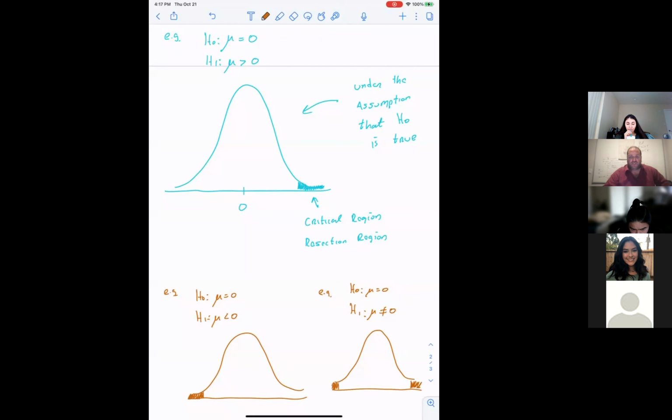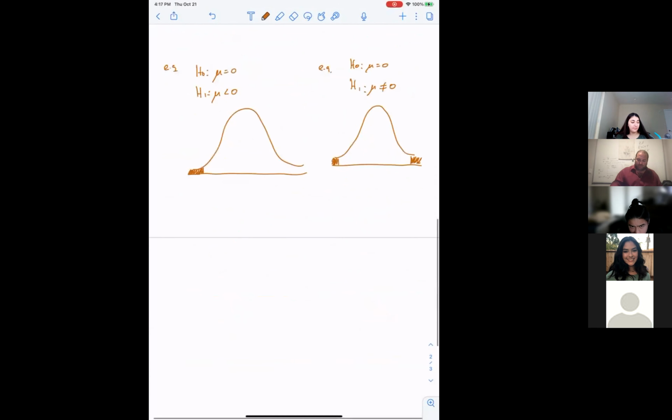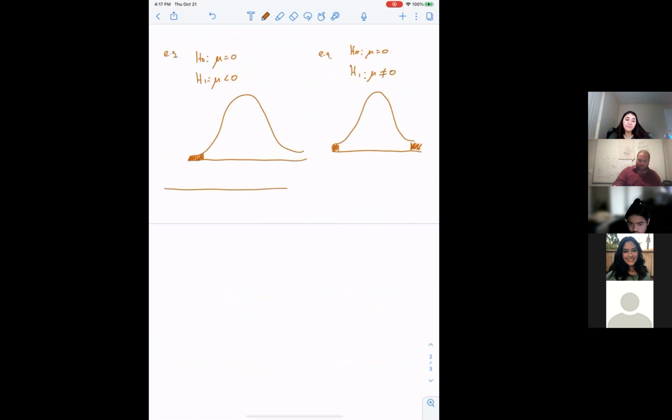Suppose you have the following situation. Suppose you have some null hypothesis, right? Suppose you have an H naught where some parameter has some value.